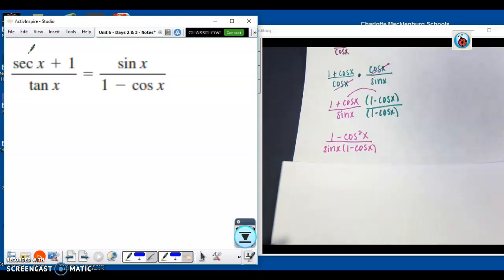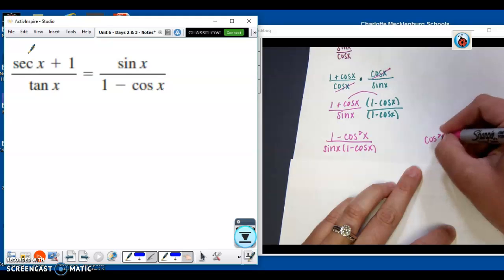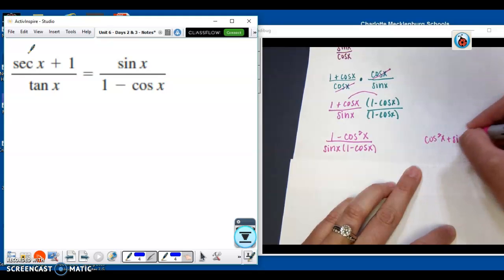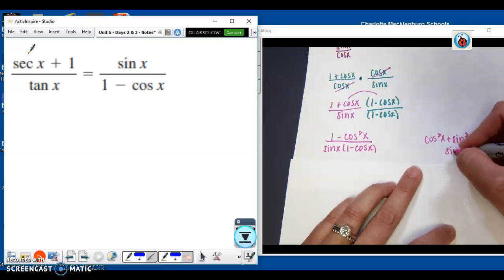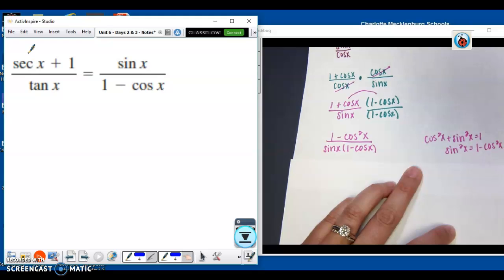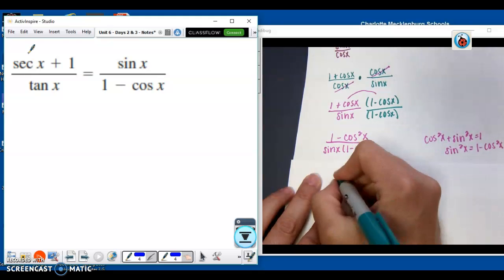Alright, put that over here. So then, thinking about our Pythagorean identities, we know cosine squared x plus sine squared x equals 1. So I could rewrite this. So 1 minus cosine squared x is the same thing as sine squared x.